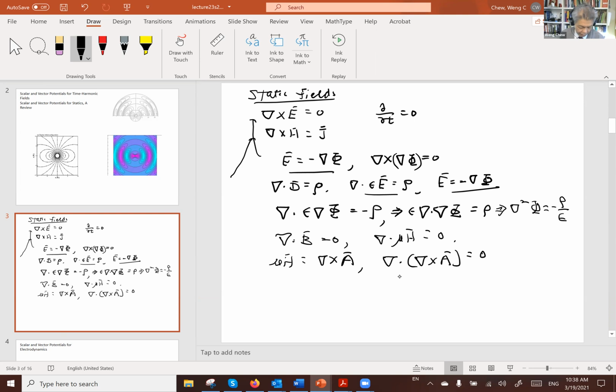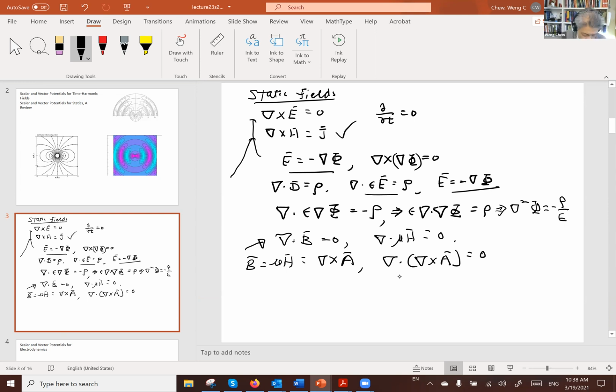Because of that, the last equation in Maxwell is automatically satisfied when I assume that B equals mu H equals the curl of A.